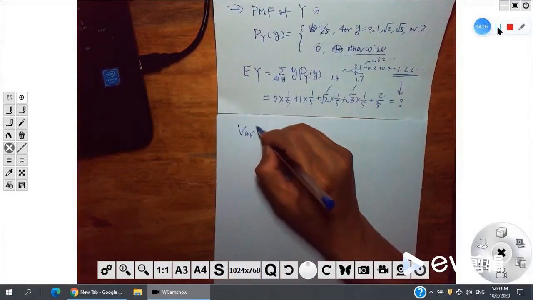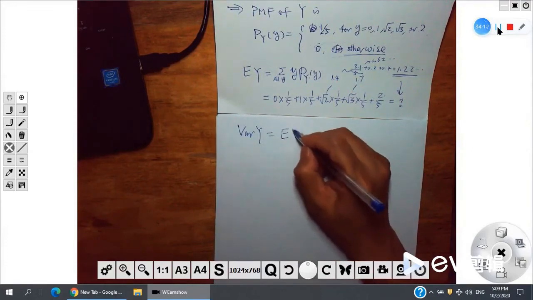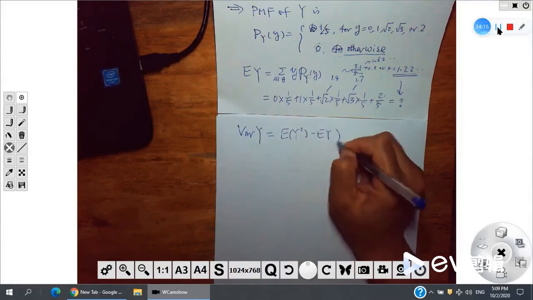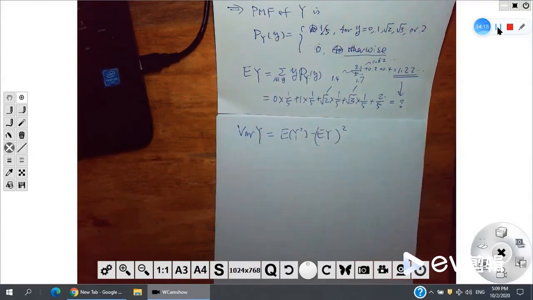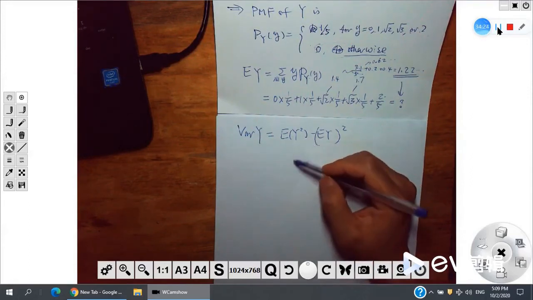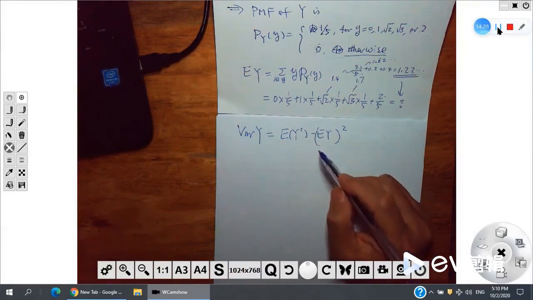And then the variance of y. We still use the same formula. E[Y squared] minus (E[Y]) squared. Am I in the right order? Yeah, if you are not sure, just keep working. Finally, you check whether the answer is positive or negative. If it's positive, you are good.